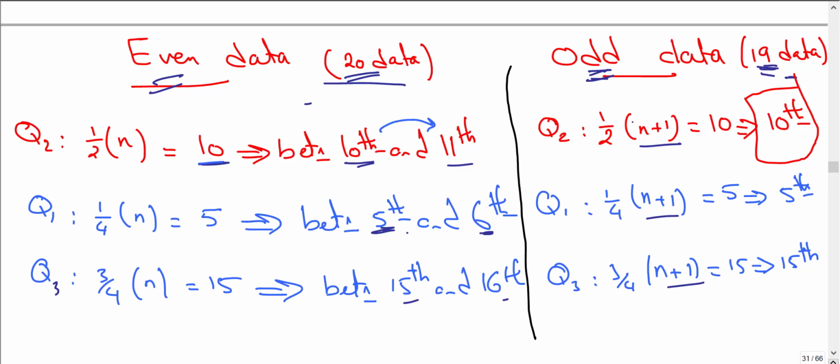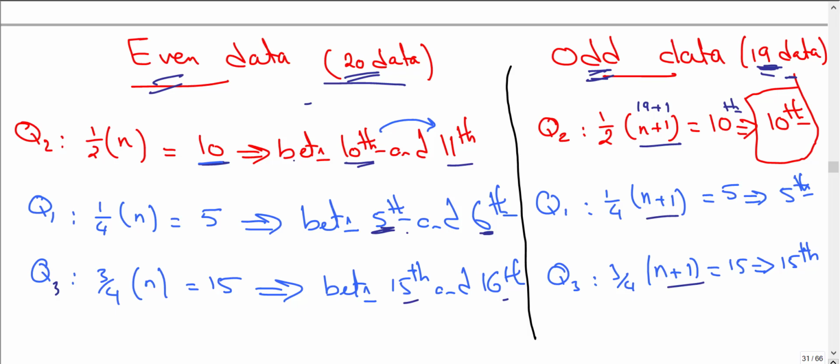Not only this, but we will also not do this between thing. What you get is the answer. For example, if you have 19, 19 plus 1 is 20. Because it is odd, you add 1. 20 times half is 10. So my median is at the 10th value.